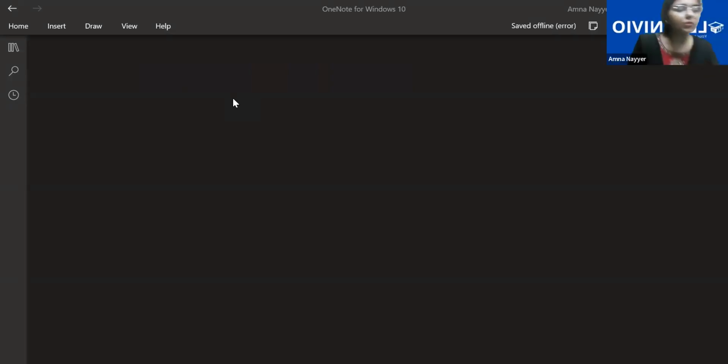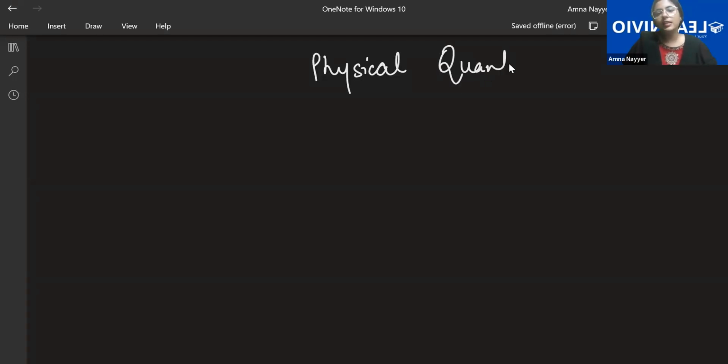See, we have to start with the fresh chapter, that is vectors. Before you know what vectors are, you should know how the physical quantities are divided. Physical quantities are grouped into two categories.